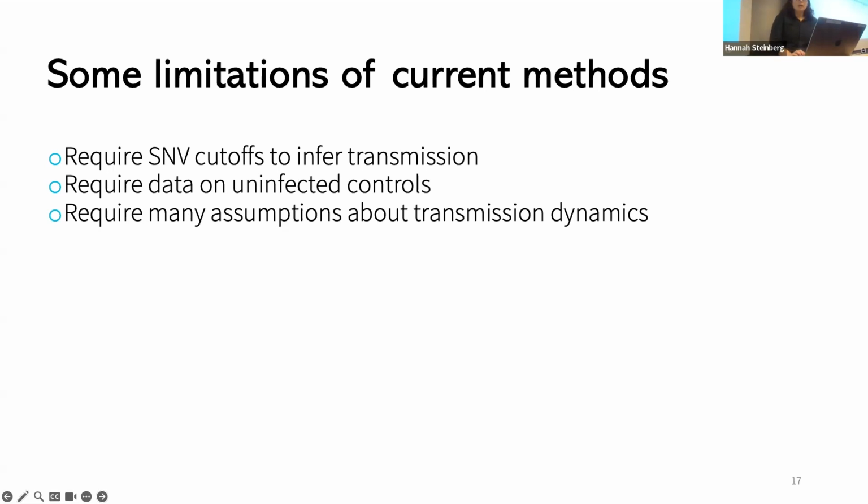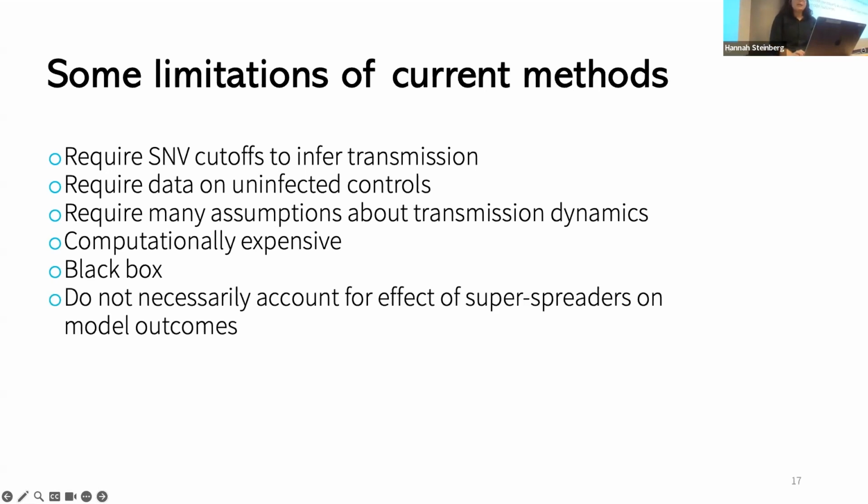Some of them, like the SIR model, require many assumptions to be made about transmission dynamics. And I think in that paper, they did a good job of that, but it's a lot of work to figure that out for each different pathogen. Some of them, like the machine learning example, are computationally expensive and sort of black boxy. You don't really know what's going on in the models.